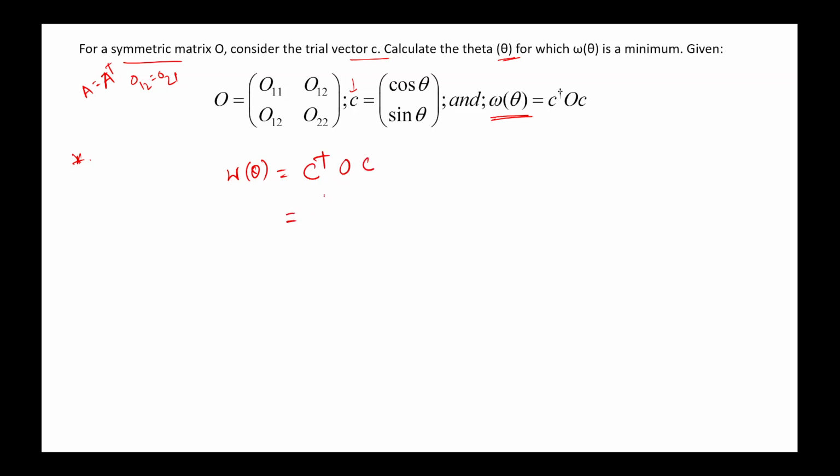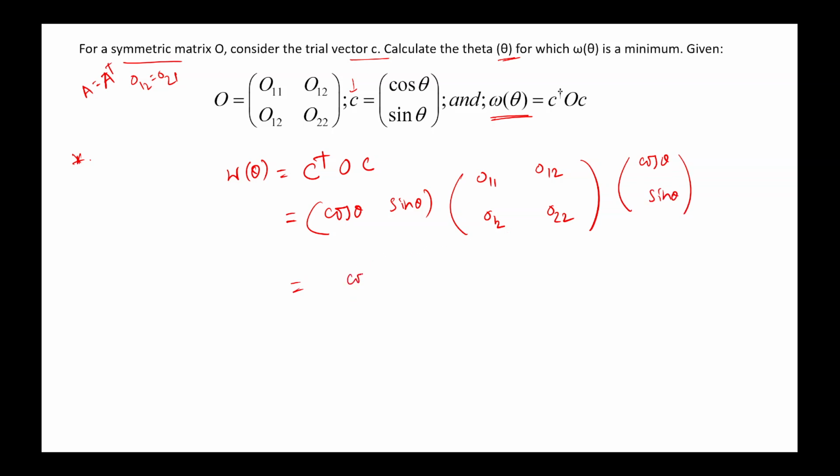The dagger is written as a row vector, and you have the matrix O11, O12, O12, O22, and then cos theta, sin theta.